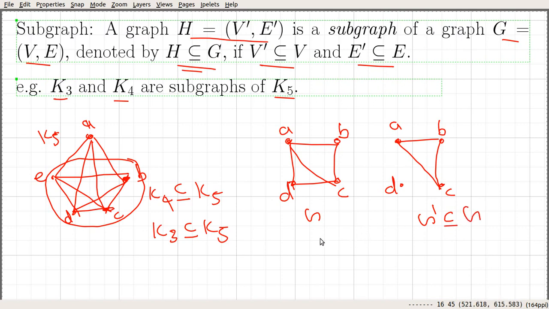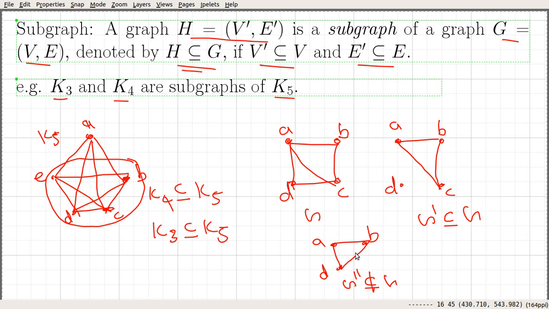Okay, and if you consider this graph, ABD, and let it be G double dash, we can see that G double dash is not a subgraph of G. Even though the vertex set is a subset of the vertex set of G, the edge set is not.